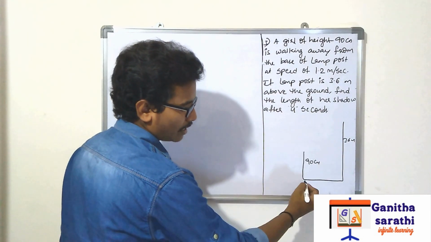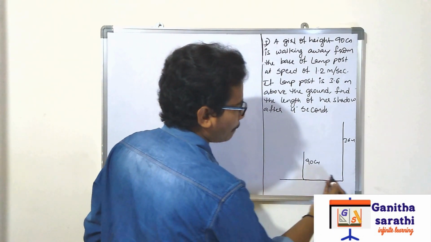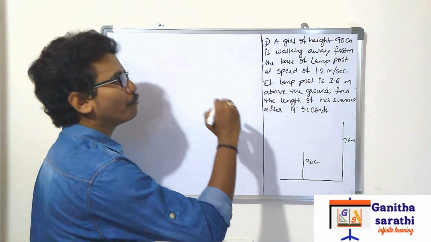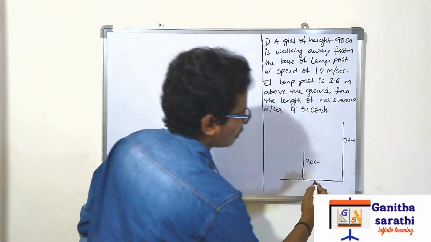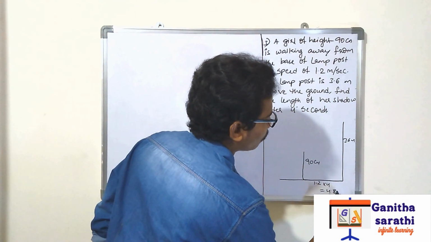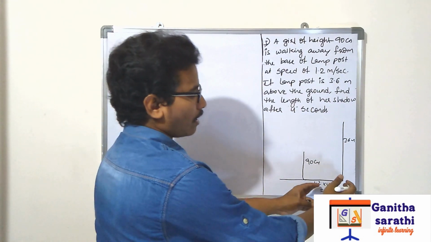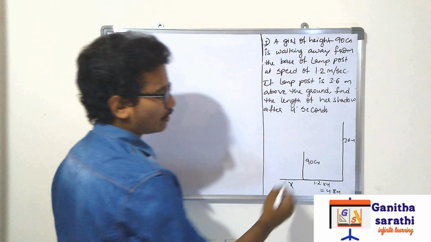The girl is this one, the shadow will be this one. From the base of the lamppost, she is walking at a speed of 1.2 meters per second. We have to find the length after 4 seconds. 1.2 meters per second means 1.2 into 4, 4.8 meters. So how much distance has she walked? 4.8 meters. Now we have to find the length of her shadow.